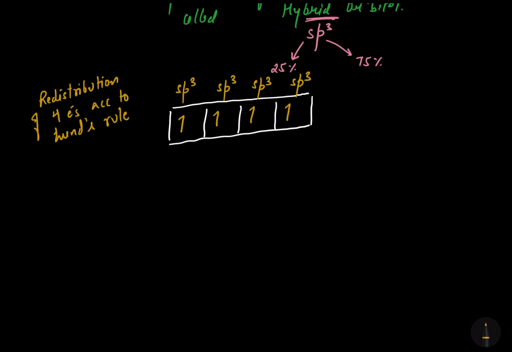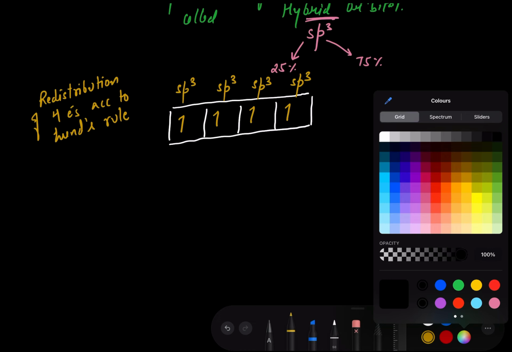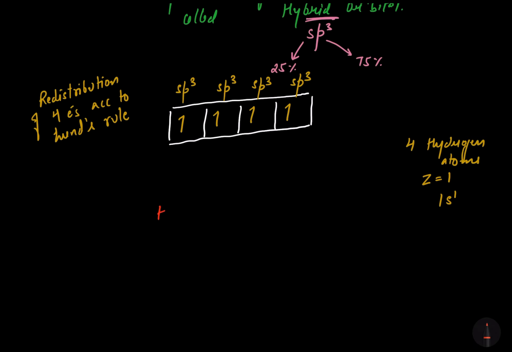Now carbon has to make covalent bonds with 4 hydrogens. We are having 4 hydrogen atoms. What's the atomic number of hydrogen? It's 1. The configuration is 1s1.